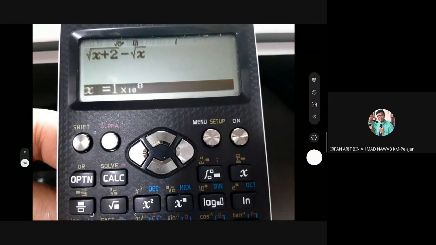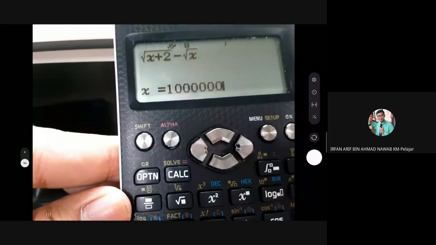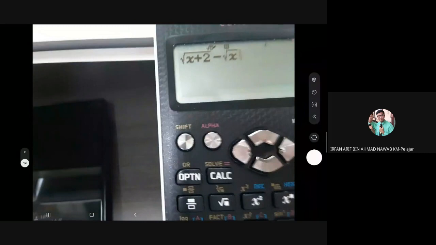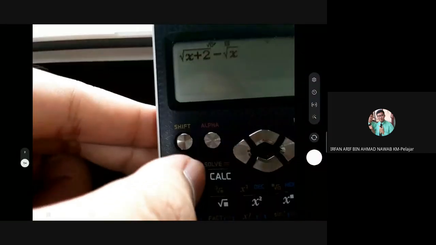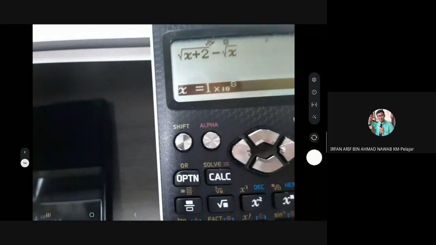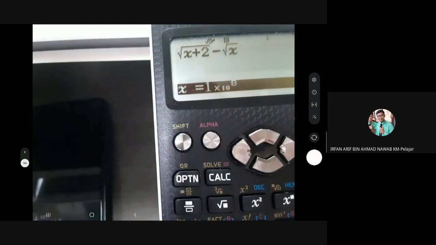For example, if you take the value of x as 1000, let me write again. First write down this function, and then press the calc button here. You could evaluate any value of x.